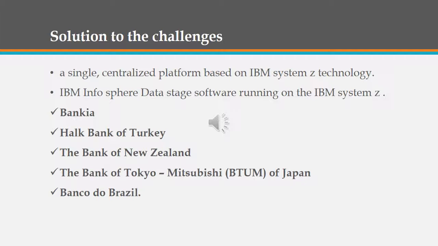IBM proposed IBM InfoSphere DataStage software running on the IBM System Z servers. This is a core module of IBM InfoSphere Information Server software, which is used to collect and integrate customer data from multiple source systems and to ensure the reliability and consistency of information across the entire business and bank system.